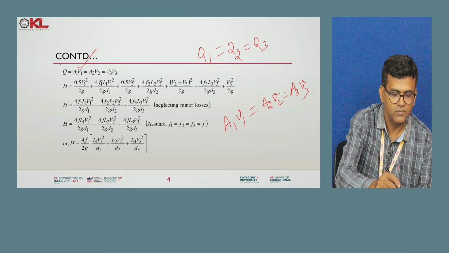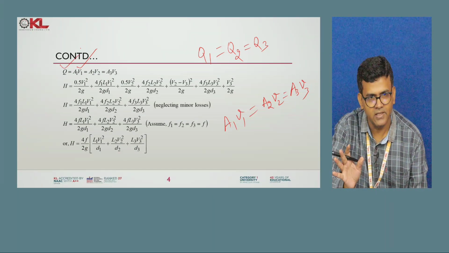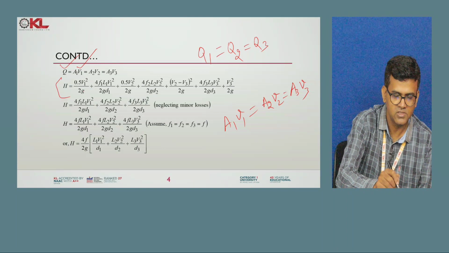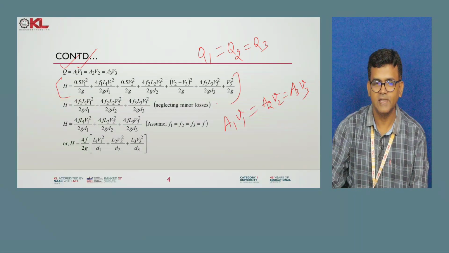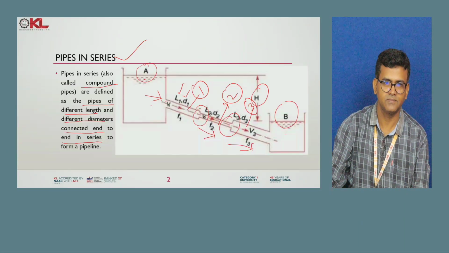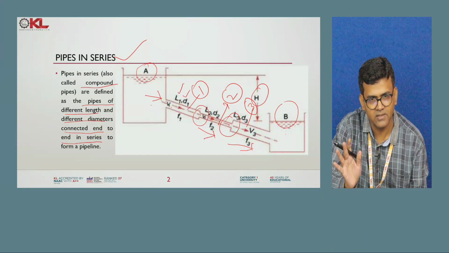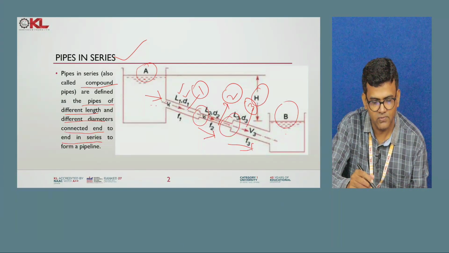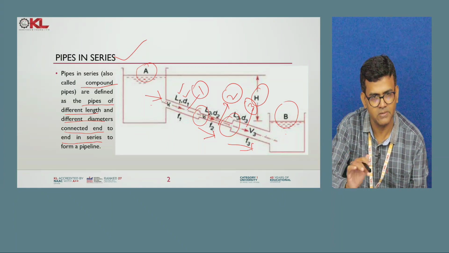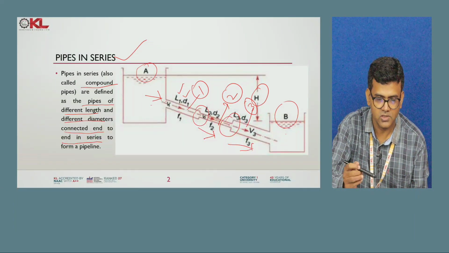Now we want to compute the total head loss. How is the total head loss given? We can see the previous diagram. Here the pipe losses, that is the major and minor losses, are there. When the fluid is flowing through the pipe, there is a loss of energy or loss of head.